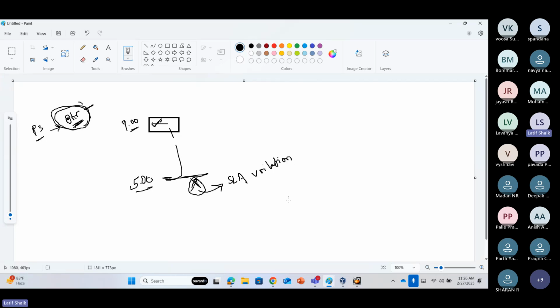Okay, what is SLA violation? By the given time, you didn't resolve the issue. First point of SLM. SLM in ITIL, or ITSM. ITSM is IT service management, and SLM is service level management.